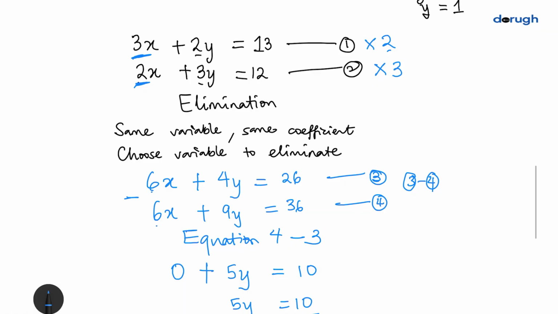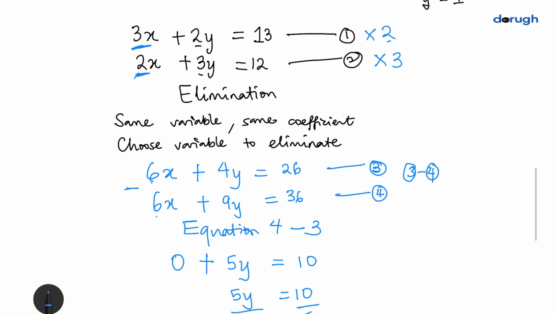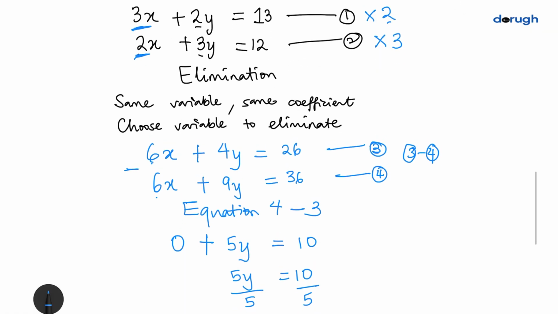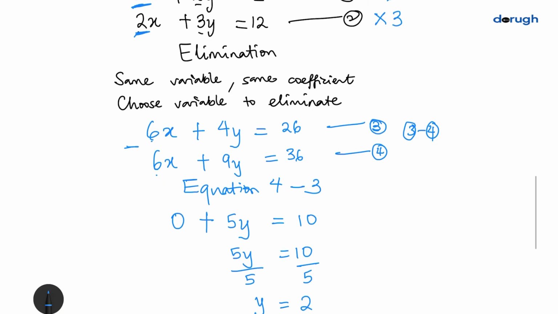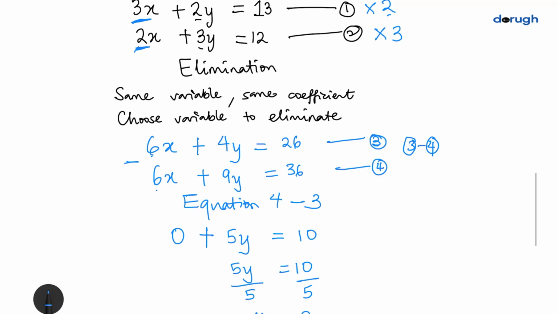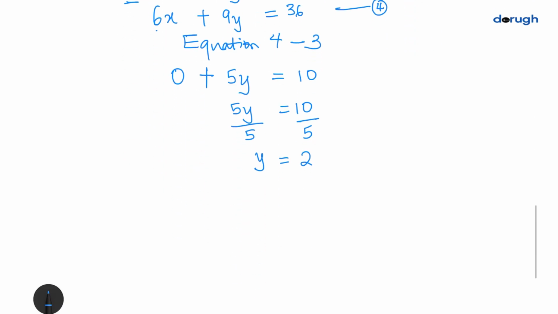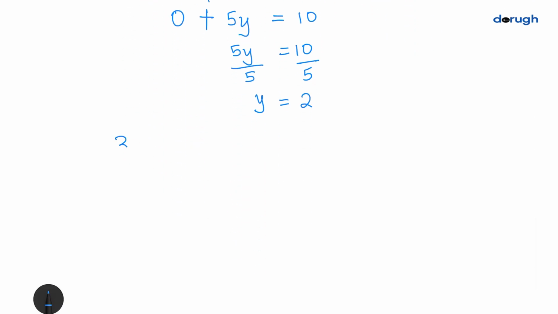Alright, now that we have our y, we can go back to one of the original equations, or we can decide to use any of these new equations. It doesn't actually matter. Let's just go with equation 1. Equation 1 says 3x plus 2y equals 13. If we substitute our y, we have 3x plus 2 times 2 equals 13.